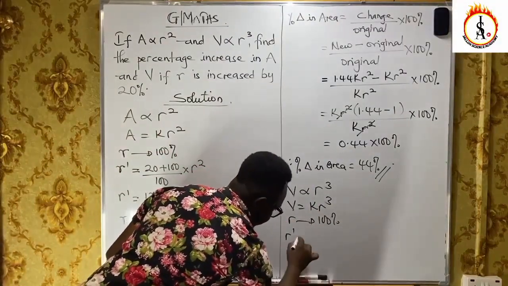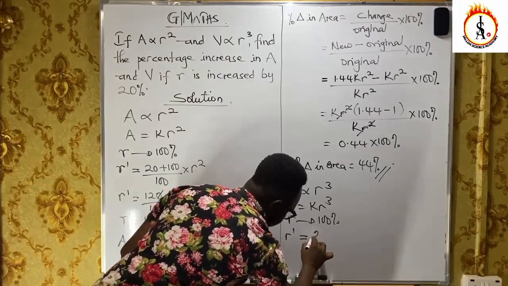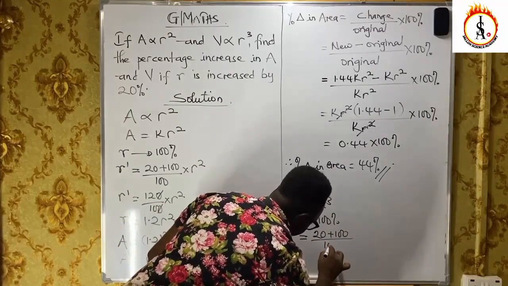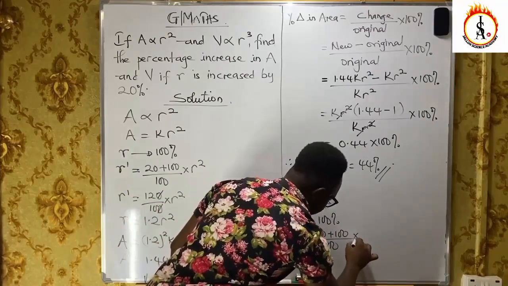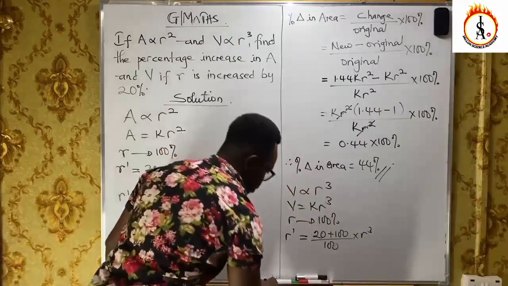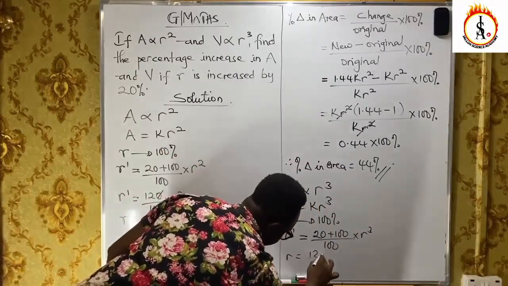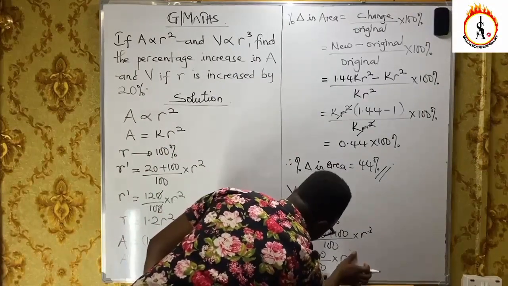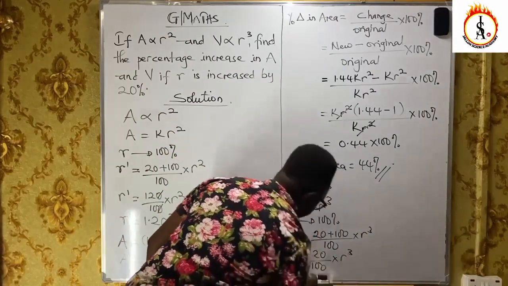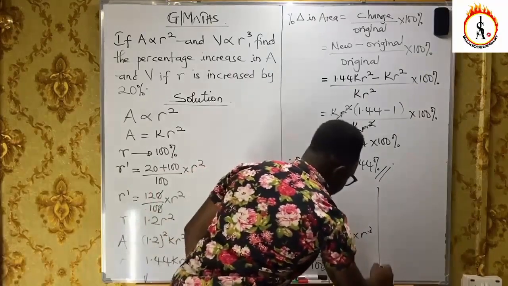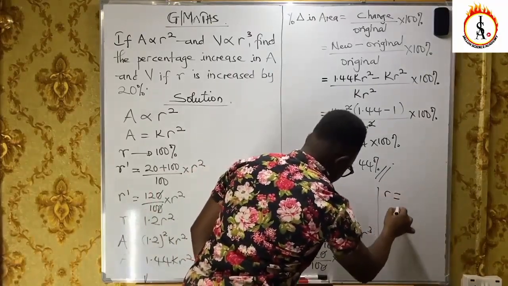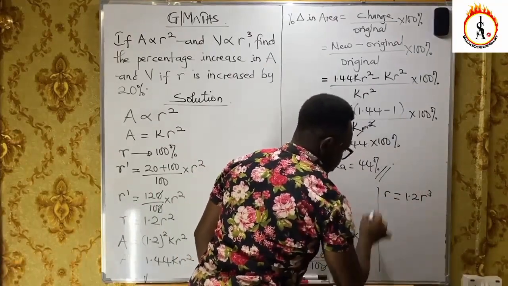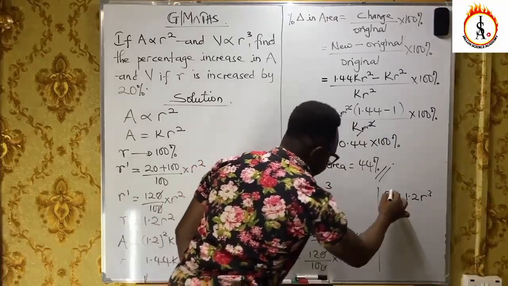So our new R is now going to be the 20% plus 100% over 100 multiplied by R. So this will give us 120 over 100 multiplied by R. So this 0 and this 0 go. So we will have 1.2 R. So this is our R prime, right?